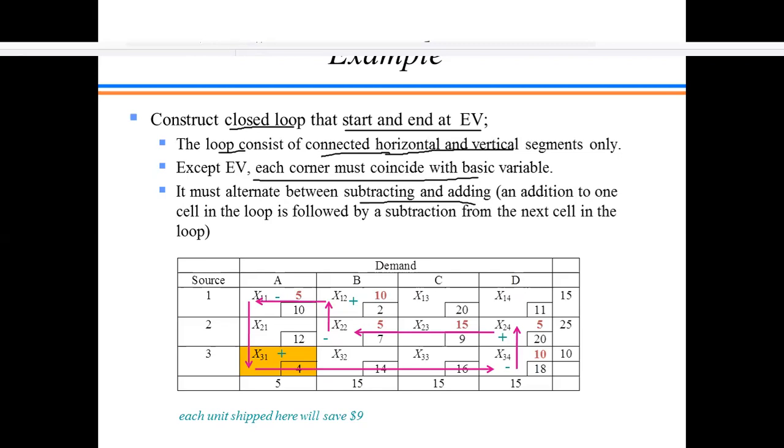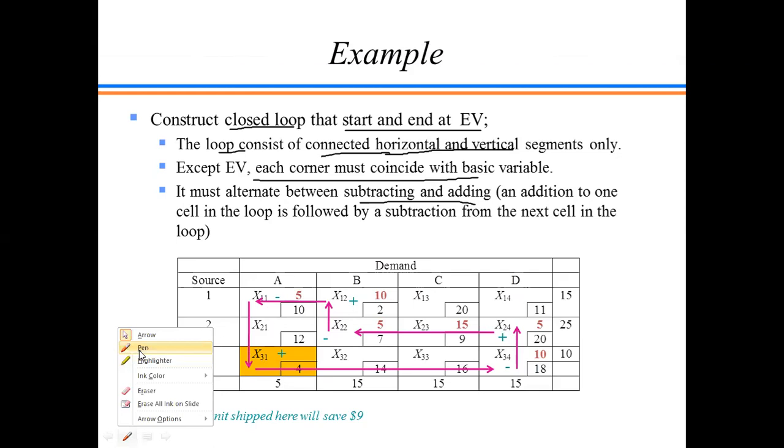After we construct the closed loop, then we can determine the value to enter in cell x31, with what value, how much. To determine this, we need to focus on the negative sign here: x11 negative sign, x22 and then x34.